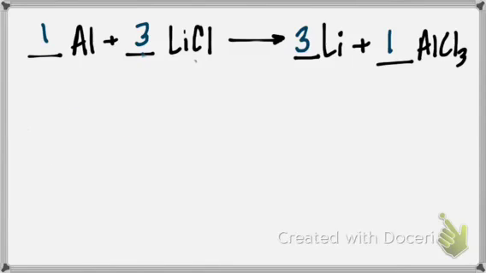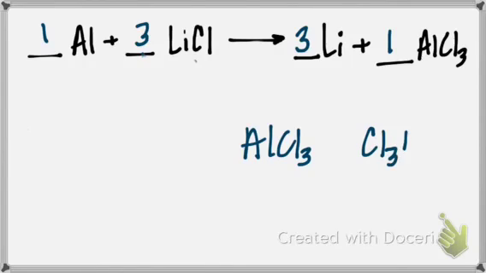Now, does it matter which one is listed first on aluminum chloride? Does it matter if it's written as Cl3Al or AlCl3? It does. That does matter. That doesn't work. If possible, the positive ion is always going to be listed first. Okay, the one that has a positive charge is going to be listed first.